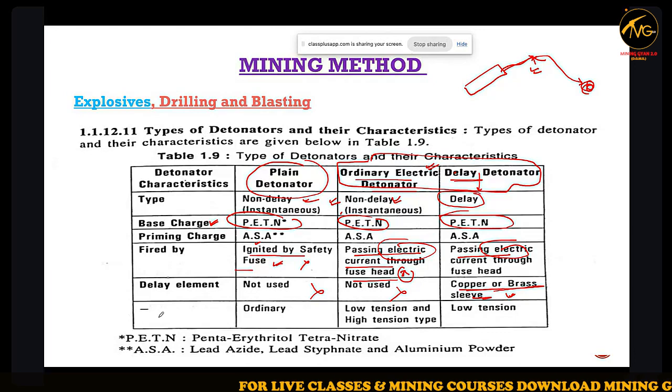PETN, everybody knows, I think, pentaerythritol tetranitrate.